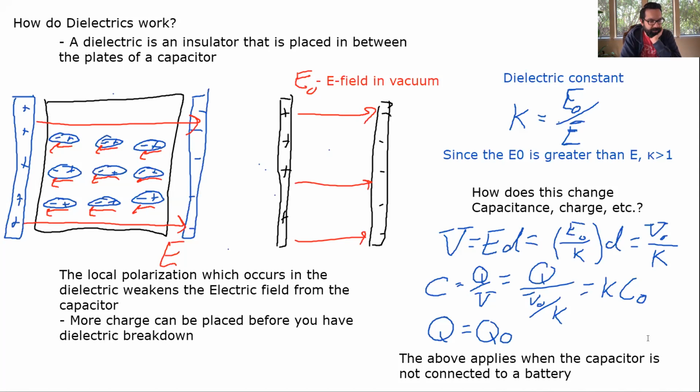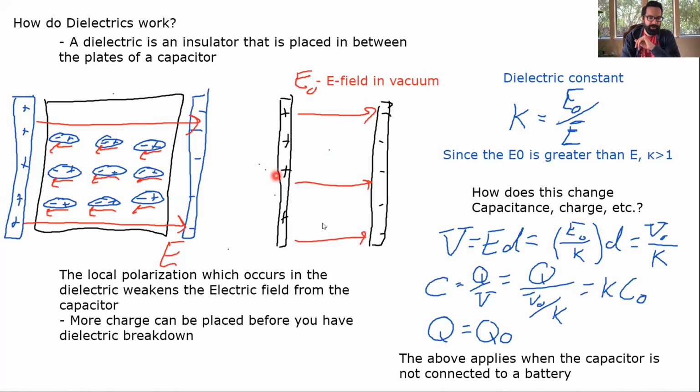When we say increases and decreases, what we're comparing is the capacitor when it's empty, when it only has vacuum, versus the capacitor with the dielectric. So I have an empty capacitor, and then I put a dielectric in that capacitor.